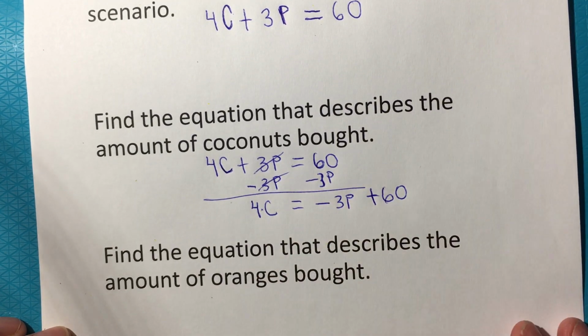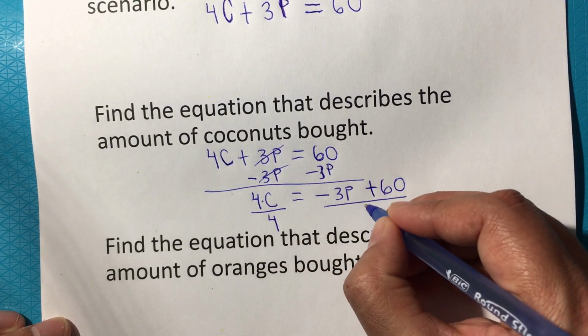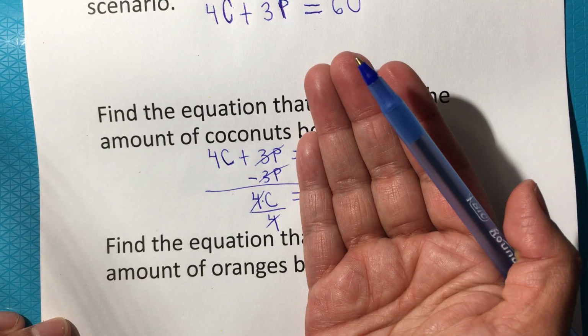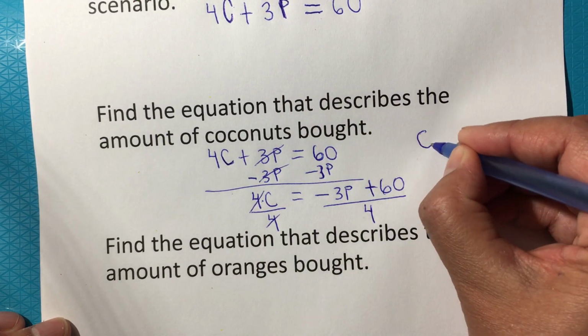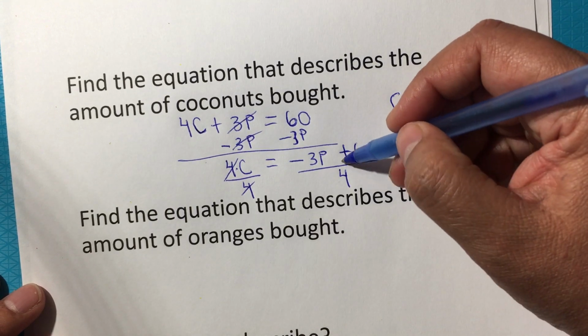Finally, if we're multiplying, the opposite is to divide by 4. And so I'm going to write it over here. On the left of the equal sign, you only are left with C. And then in here, you can check to see if you can simplify.